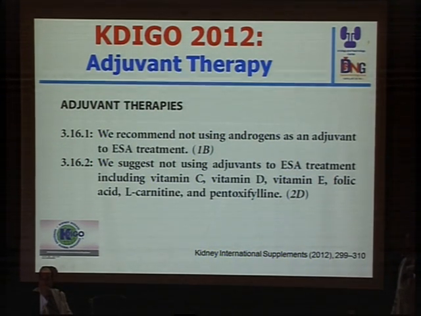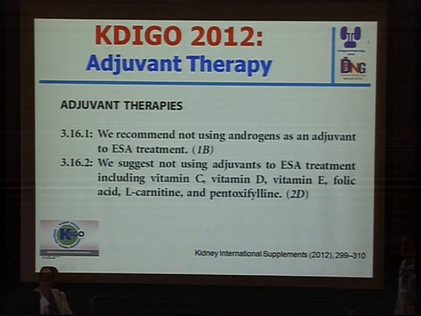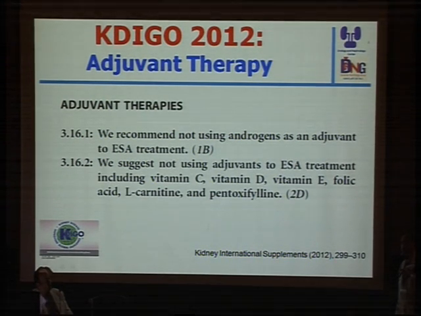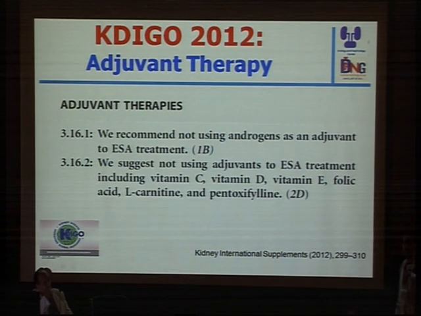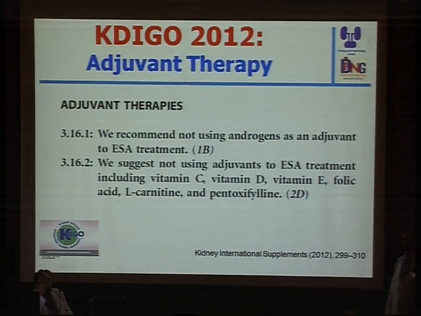Not using androgens. In the past, we were accustomed to using androgen, like nandrolone, to support anemia management and to use lower doses of ESA therapy, because in the beginning, ESA therapies were so expensive. So we have a study here, and we don't prove the safety.